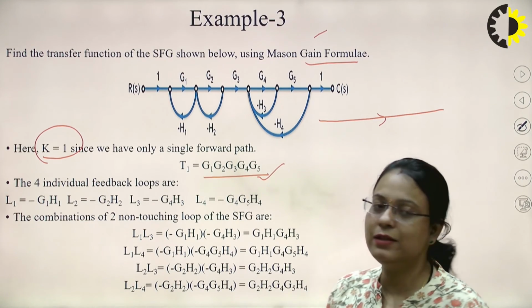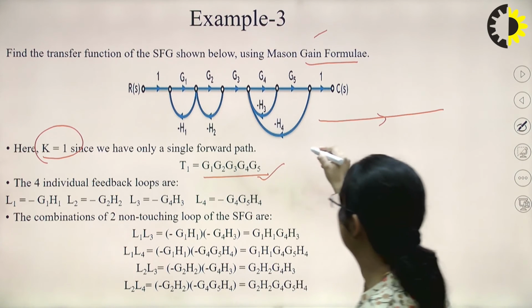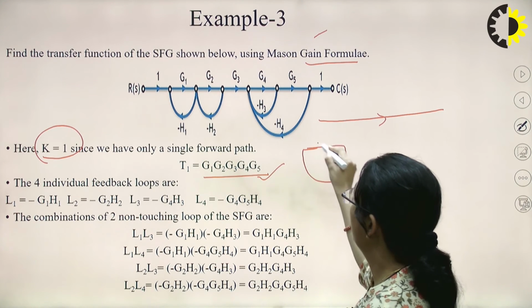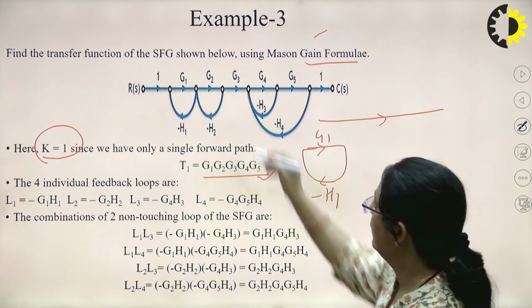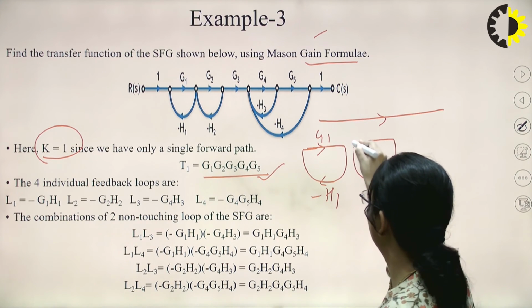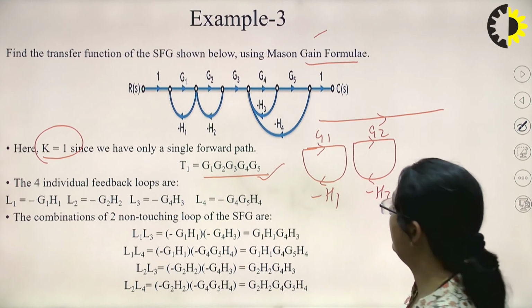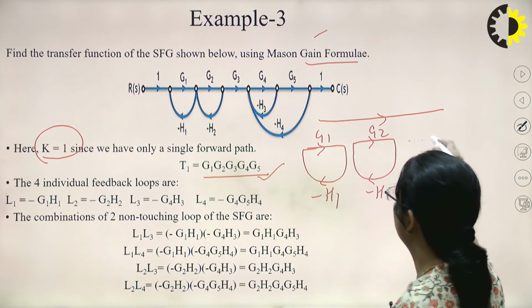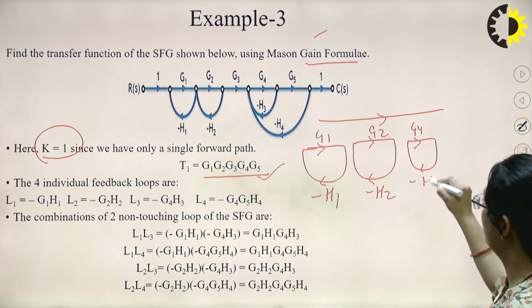Now let us see how many individual loops are formed here. The first loop will be G1 into minus H1. The second loop will be G2 into minus H2. The third loop will be G4 into minus H3.